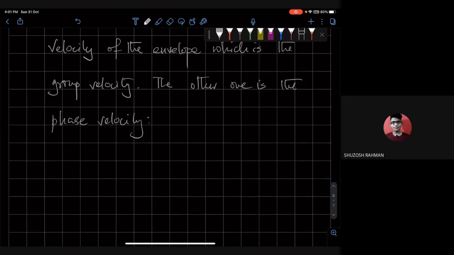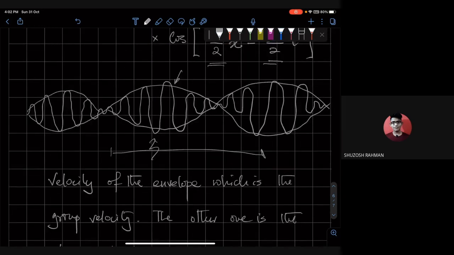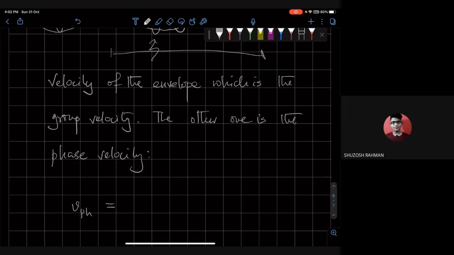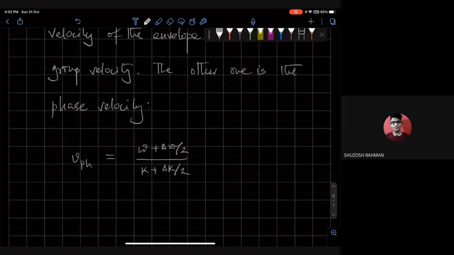So the phase velocity v phase, if I look at this, is omega plus delta omega by 2 divided by k plus delta k by 2, and the group velocity is delta omega by delta k.